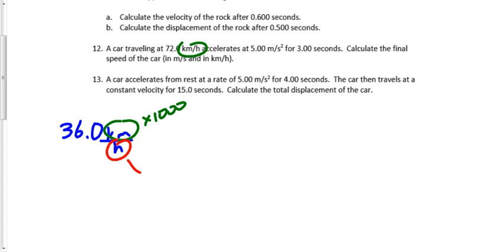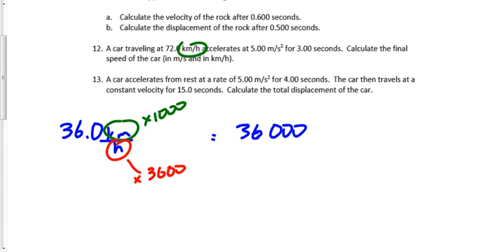So I'm multiplying the top by 1,000 to get meters, and I'm multiplying the bottom by 3,600 to get seconds. So in this case, I would end up with 36,000.